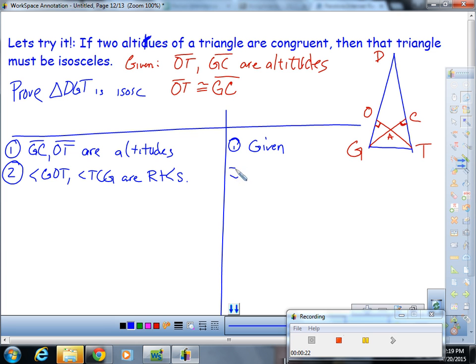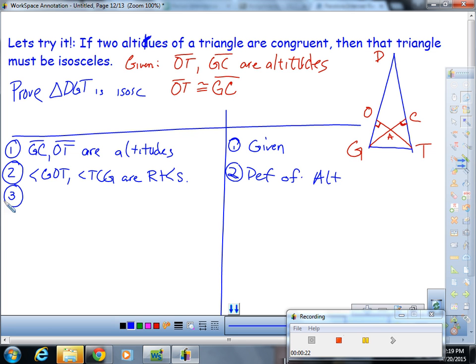And that's the definition of altitude. Okay, now I'm going to look at this. I know I'm going to have to prove these triangles congruent, and I think I'm going to do it by HL. Okay, so I don't need to say that those angles are congruent in order to use HL.